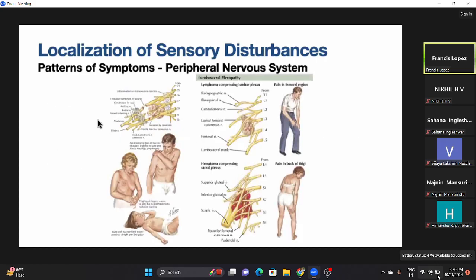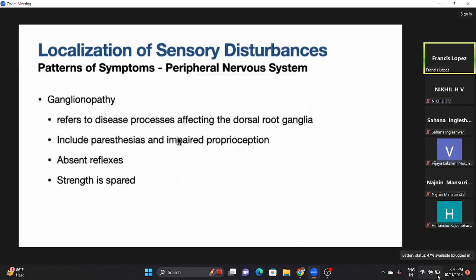Okay, so these are examples of plexopathies, can be due to a problem at birth or even mastectomies or even trauma can cause these plexopathies. Okay, tumors also can cause lumbosacral plexopathies. Gangliopathies are not that common, but they refer to the disease process affecting the dorsal root ganglia.